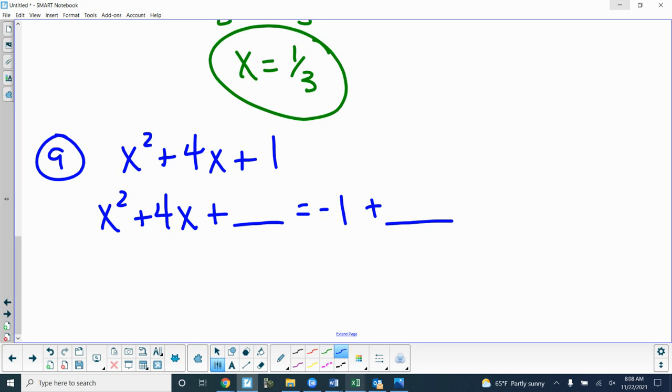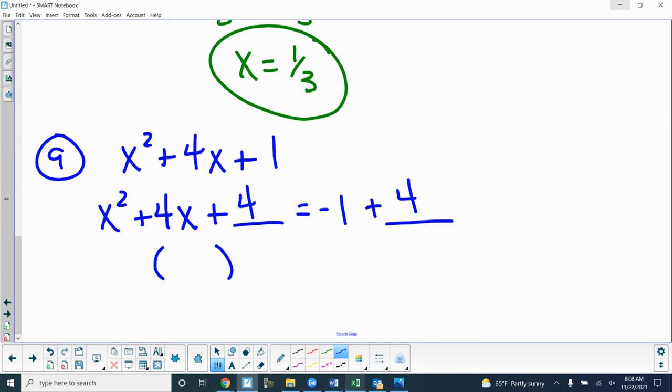Take half of 4, half of b, which is 2, and square it to fill in the blank. Okay, and what we're supposed to do is put this in vertex form. All right, that's what I'm doing here when I complete the square.